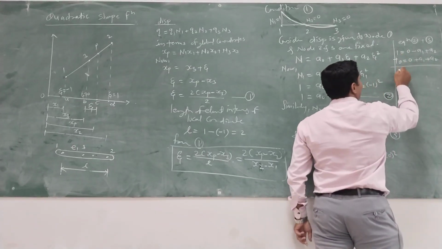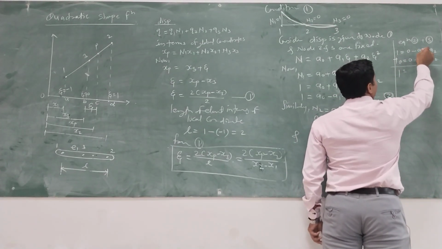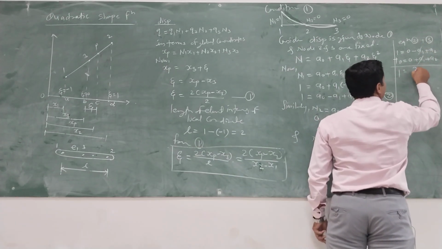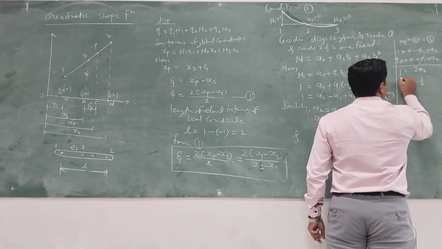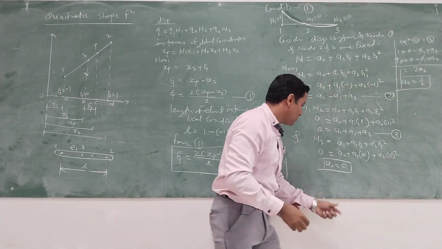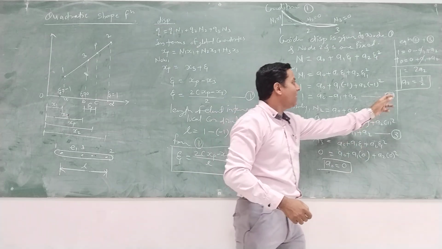Add these two, 1 0, this will get cancelled, 2 A2. So A2 will be equal to 1/2. So we have the value of A0, A2.